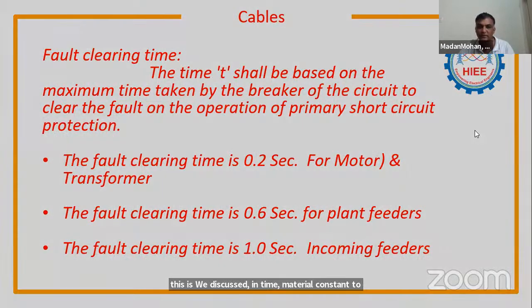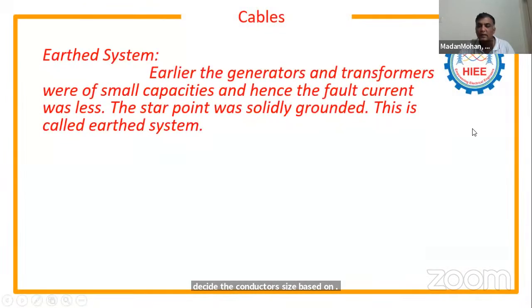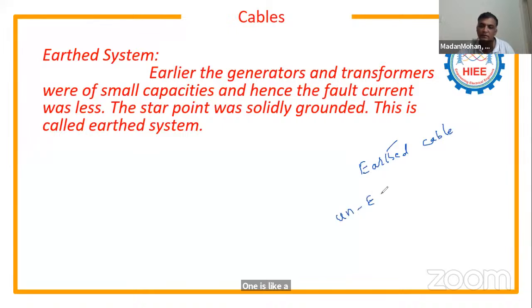Okay, so we discussed fault clearing time and the material constant to decide the conductor size based on short circuit withstand capacity. Here I'm going a bit more in depth into the concept for HT cables. For HT cables, what happens? We use two types of cables. One is earthed cables, and the second one is unearthed cables.